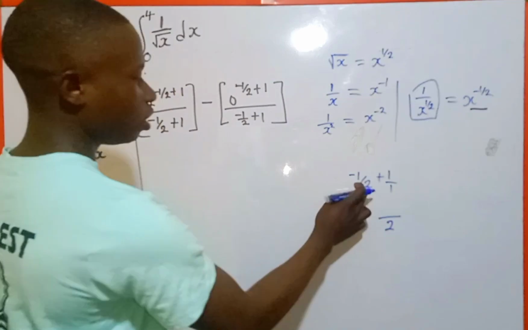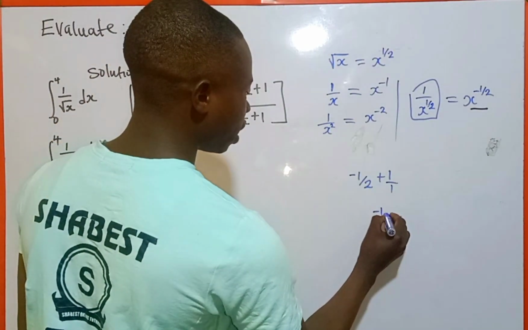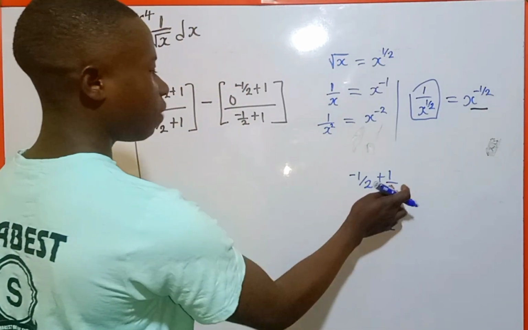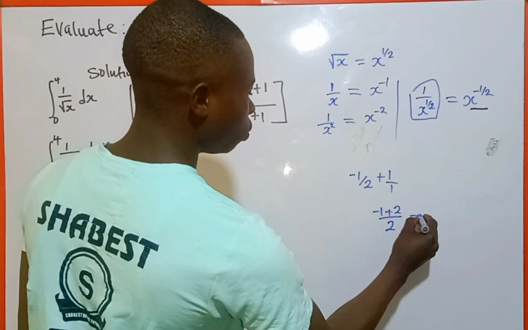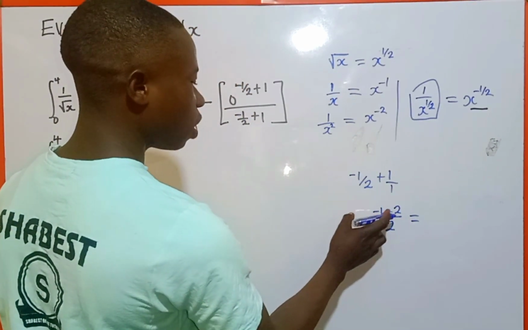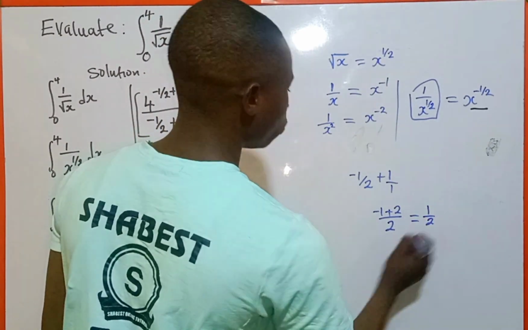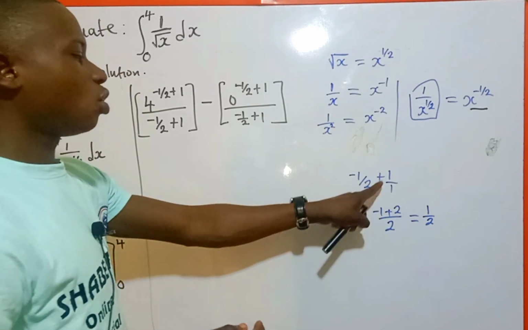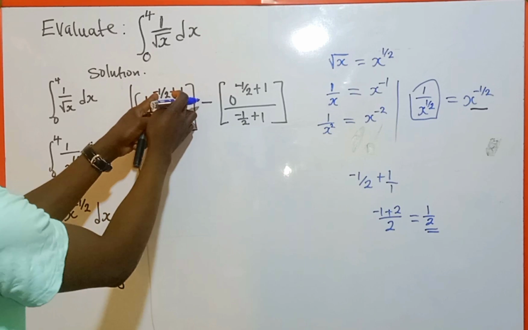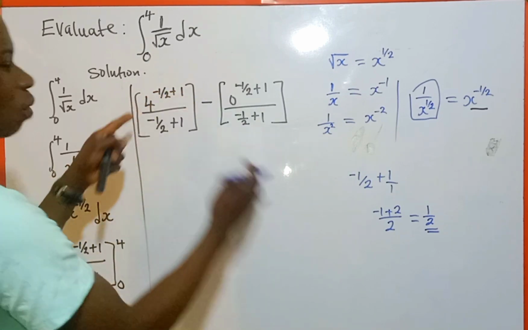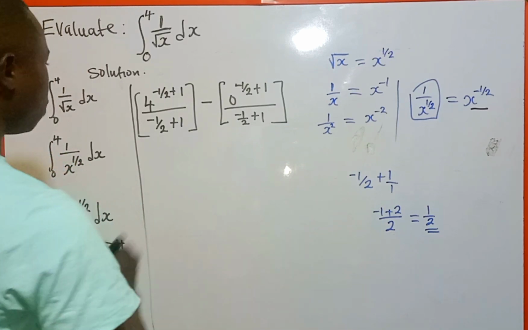Then 2 divided by 2 is 1, and 1 multiplied by minus 1 gives minus 1. Then 2 divided by 1 is 2, and 2 multiplied by 1 gives 2. So minus 1 plus 2 gives positive 1, over 2. Therefore, minus half plus 1 gives positive half.